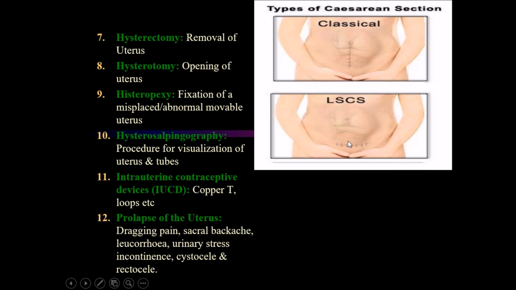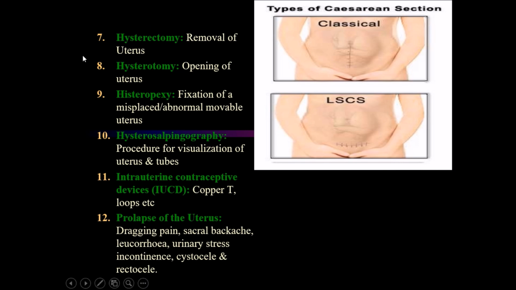But nowadays they do the LSCS, where the scar is horizontal. This is how you can easily determine, even externally, whether they have adopted the classical method or the LSCS. As I said, LSCS is the lower segment Cesarean section, where they take an incision on the isthmus of the cervix.